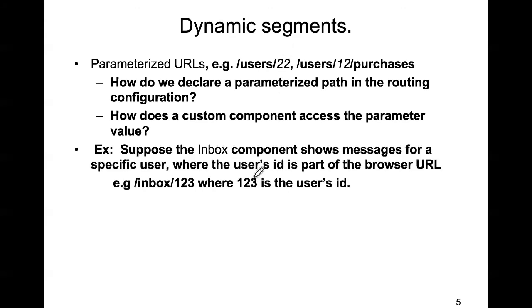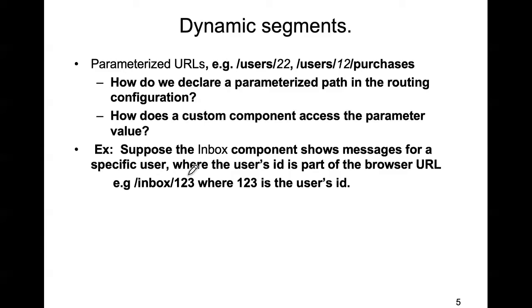So if we bring it into the context of the little sample application, supposing we now want to be able to support a URL like this, where the inbox is followed by a parameter, and that in this case may refer to the inbox ID. And all we want to do is be able to prove that we can access this value within our inbox component.